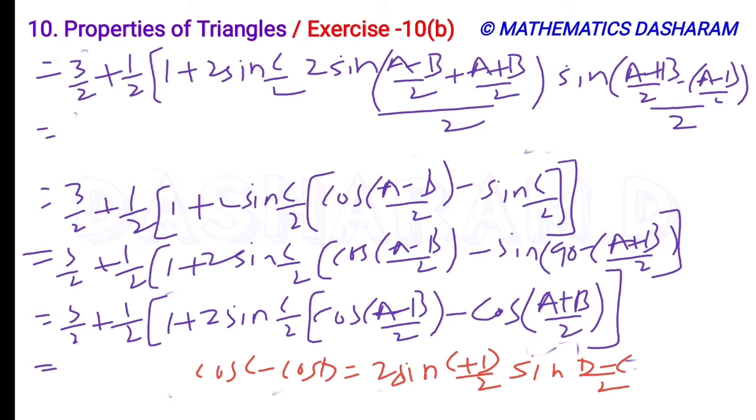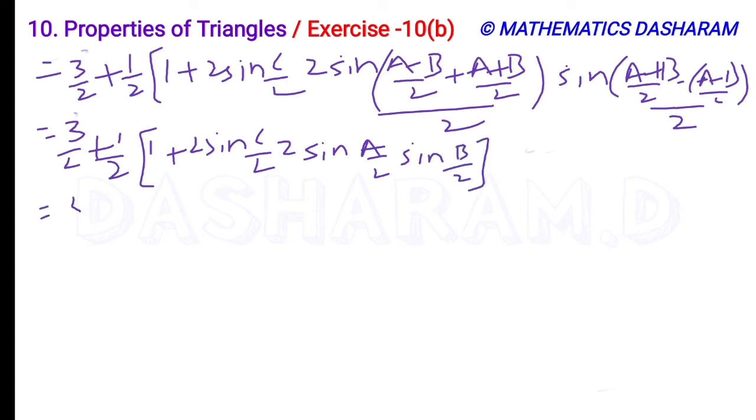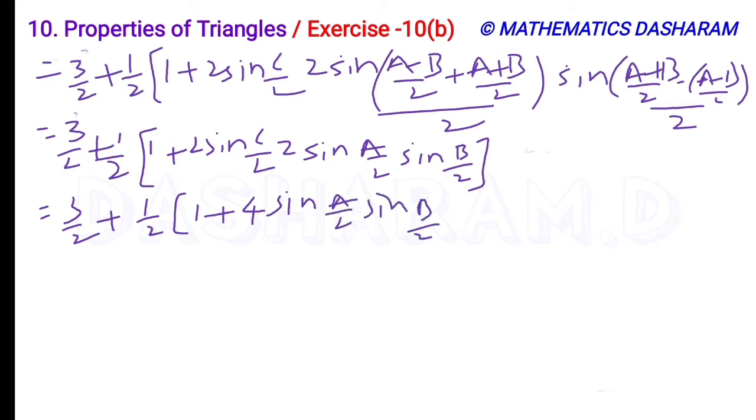So it is equal to 1 plus 2 sin(C/2), 2 into, here its total simplification is sin(A/2) and the second simplification is sin(B/2). So 3/2 plus 1/2 bracket of 1 plus 2 into 2, that is 4 sin(A/2) into sin(B/2) into sin(C/2).